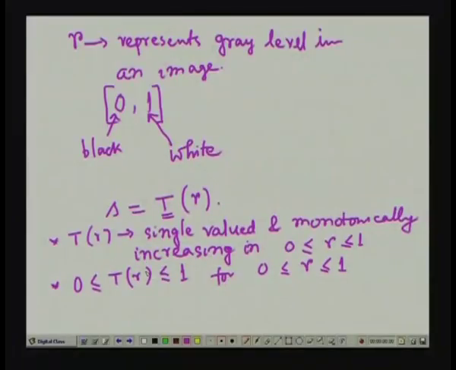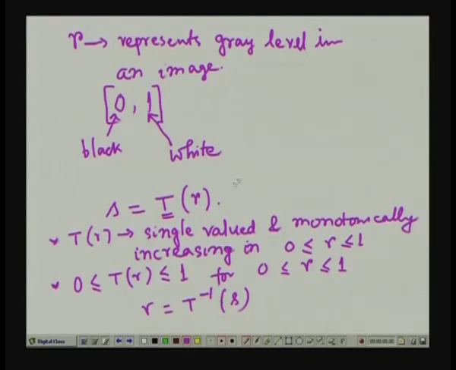And it can be found that if these conditions are satisfied by T(R), then the inverse, that is R = T inverse of S, will also satisfy these two conditions.